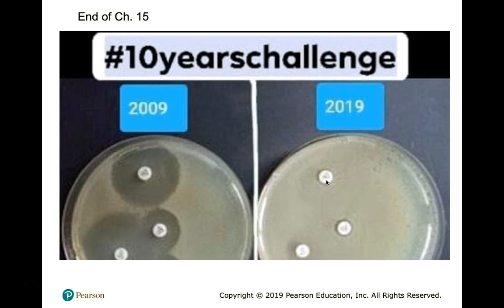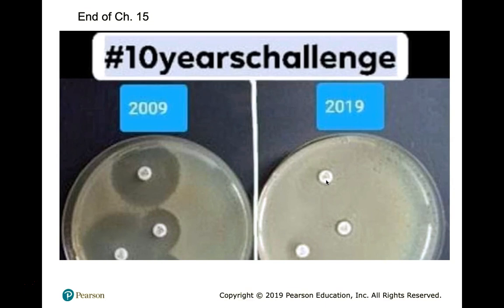It's definitely not something we should be trying to take part in. We want to limit our responsibility in terms of antibiotic resistance.